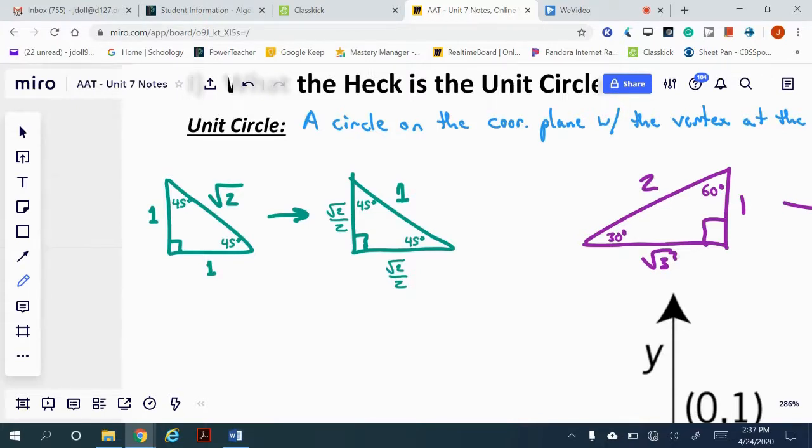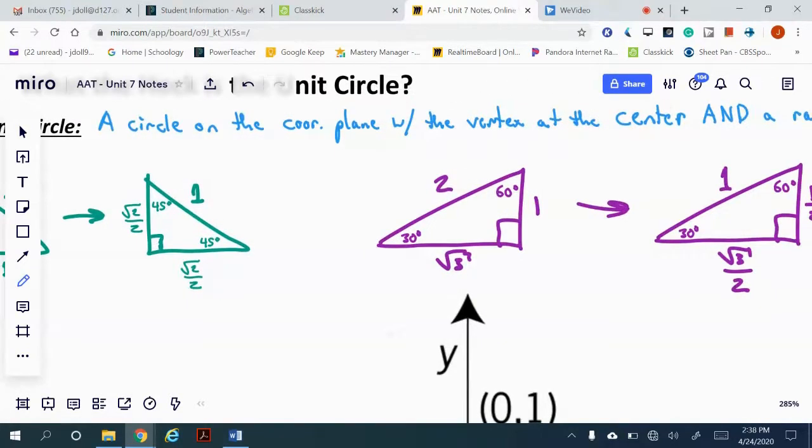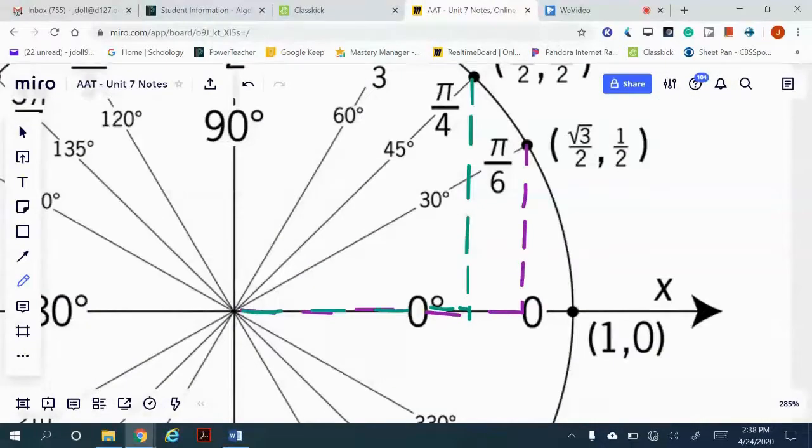Now, don't panic if these were horrible for you in geometry. We're not actually going to be using the special right triangles, but I'm just trying to show you where some of these values on the unit circle come from. Remember, the unit circle, the radius has to be 1. And if you look here, guys, notice what I can do with this terminal side is draw a horizontal and vertical segment. And essentially what happens is the terminal side of our angle becomes the hypotenuse of a right triangle here.